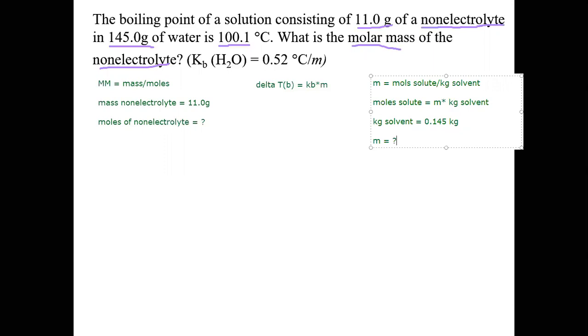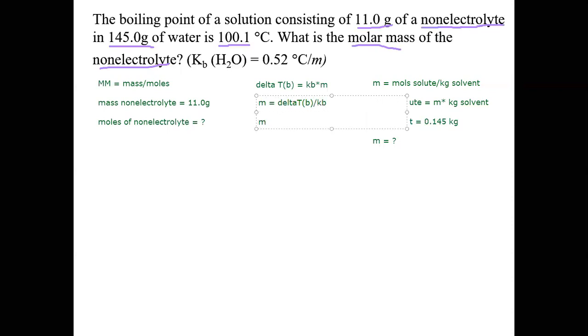Once we know the moles, we can find the mass. So now we have to rearrange this boiling point elevation equation to solve for molality. And so molality equals delta TB divided by KB.